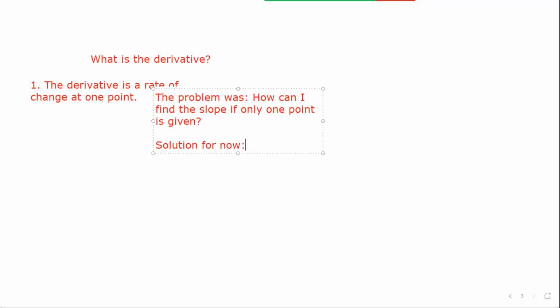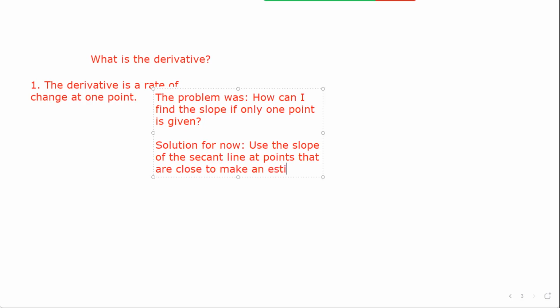It's not the solution that you're going to have later, but the solution for now is you use the slope of the secant line at points that are close to make an estimate. Remember doing that? We've talked about this repeatedly.